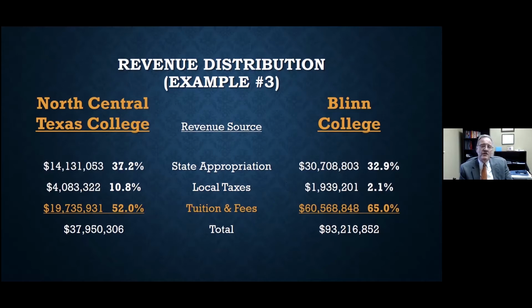So these schools have to place a tremendous emphasis on accurately setting that tuition and fee number that will generate the revenues they need for the upcoming fiscal year. So this just shows you some widely different examples of what different community colleges in Texas are facing when they're trying to set their budgets for the upcoming fiscal year.